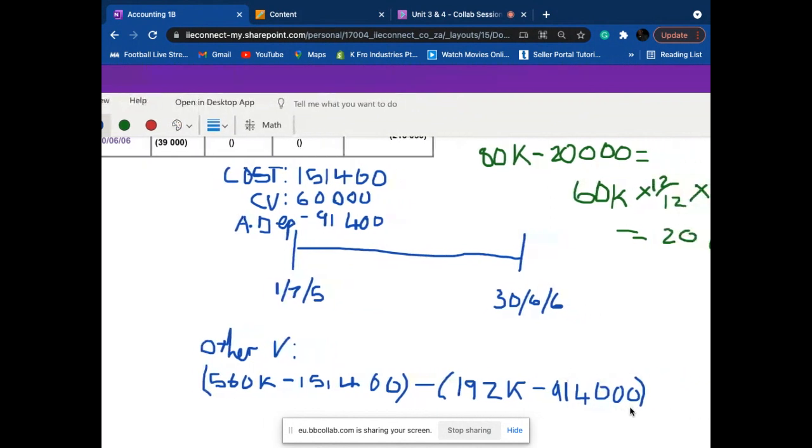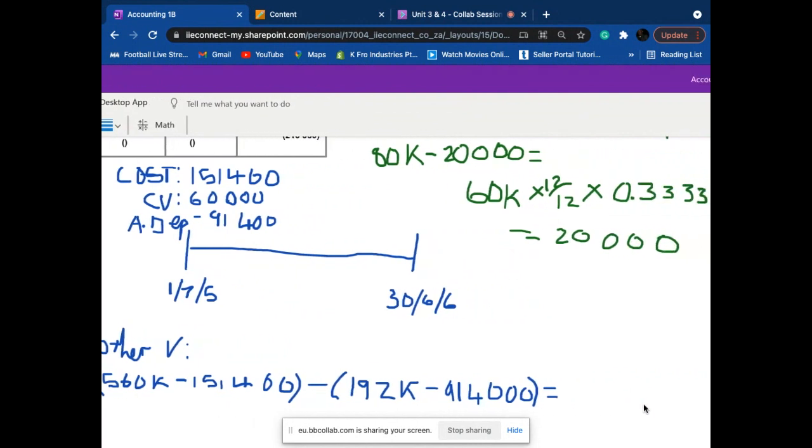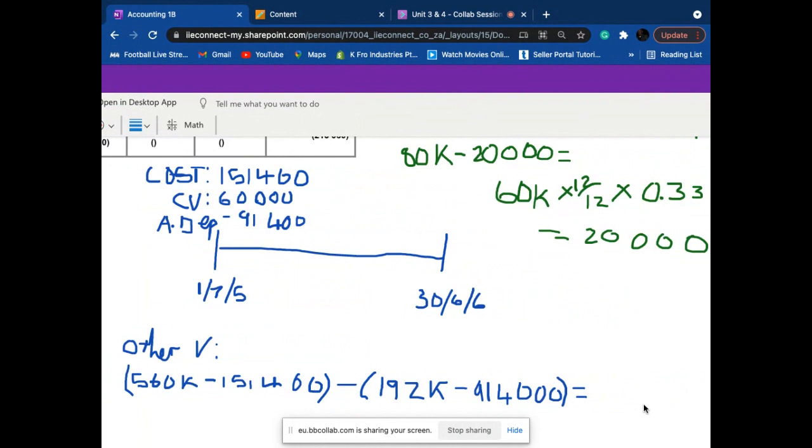See, can you see they made it a little bit easier for us in that we didn't have to calculate the depreciation on this vehicle that we sold, right? Because they calculated that for us. Okay. So what then is the total carrying value of the other vehicles? 308,000. Okay. And what now do we need to do?